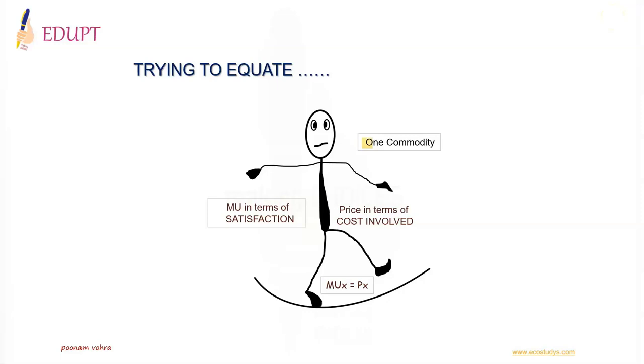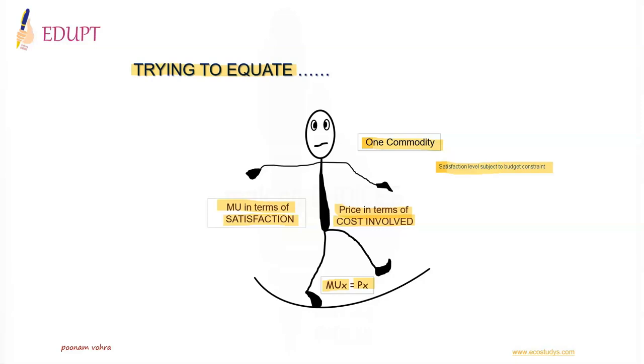When the consumer consumes one commodity, the consumer would try to equate. Any rational consumer would try to maximize his satisfaction level subject to his budget constraint. The number of units the consumer consumes depends on two factors. One, expected utility for each successive unit, that is, marginal utility of X, and price of commodity X, that is Px.